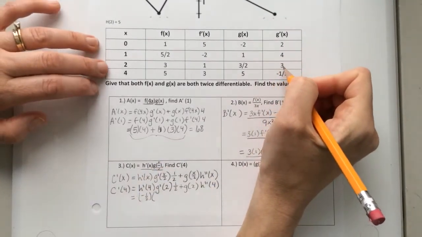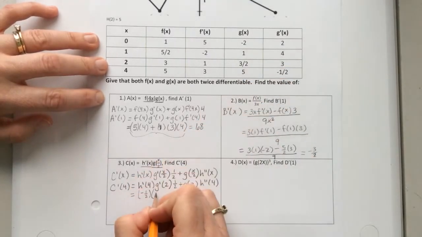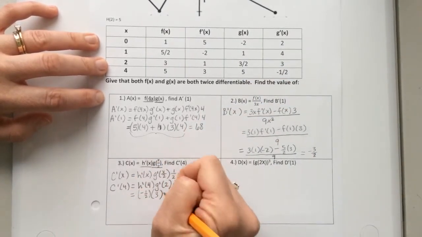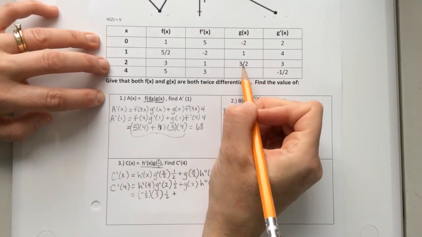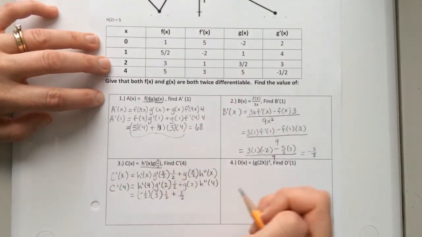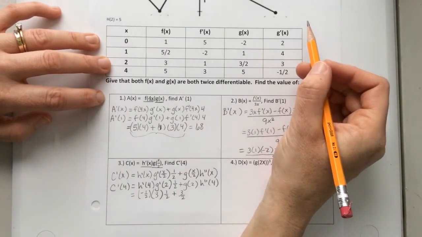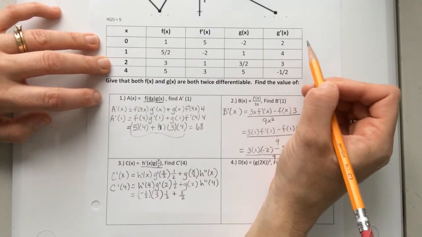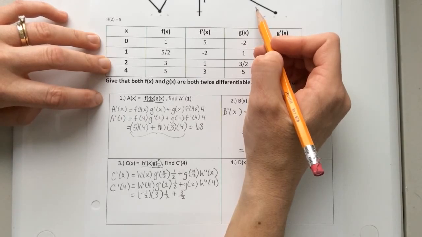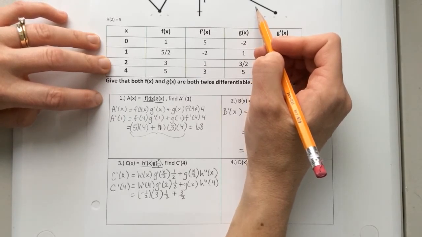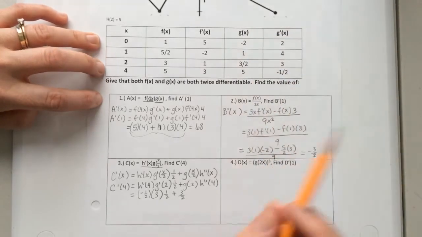G prime of 2 is 3 times that 1/2. G of 2 is 3/2. H double prime of 4, if you notice here, is the second derivative. Oh, I lied.